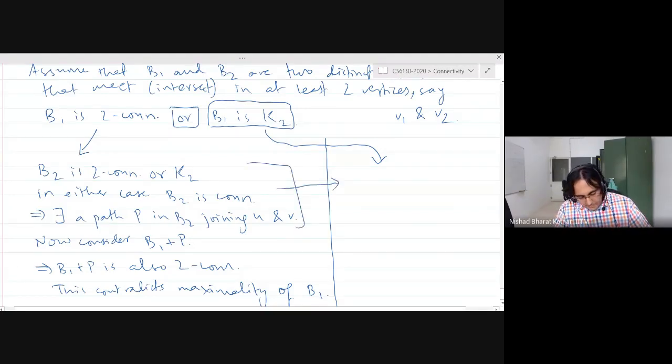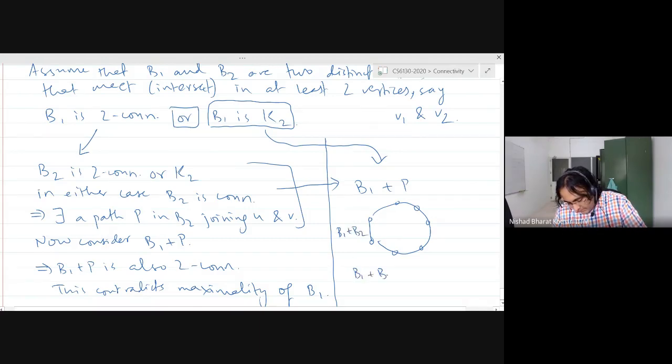So you can again find a path P in B2. And now B1 plus P, it looks like a cycle. Either it could be a cycle of length 2 in the case of a multigraph, or it could be a longer cycle. So now this is B1 plus P, and this is 2 connected because it is a cycle.